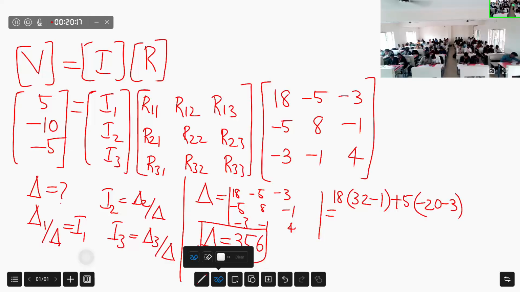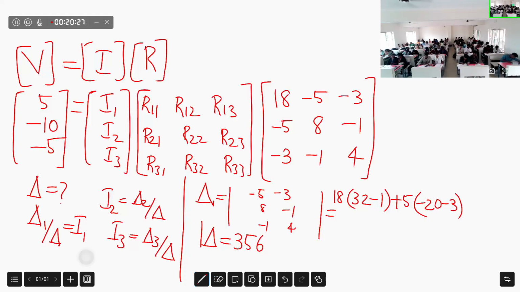Find out the value. Just replace the first column values with my voltage values, that is 5, minus 10, minus 5. Then calculate the determinant value for del 1.